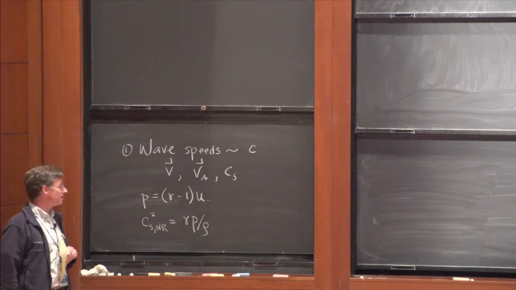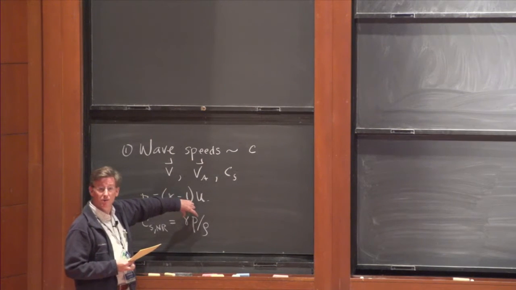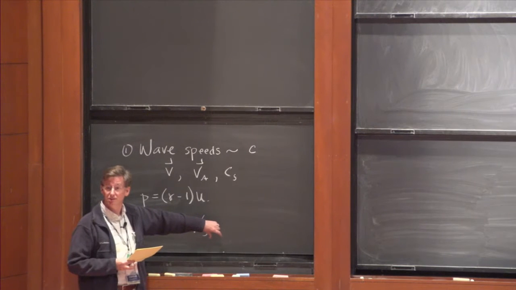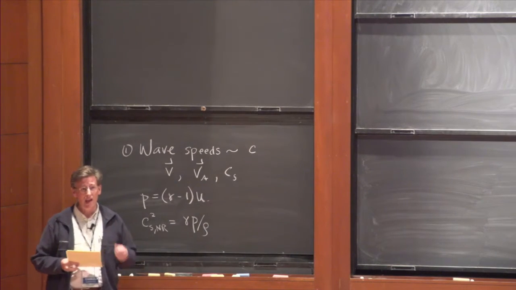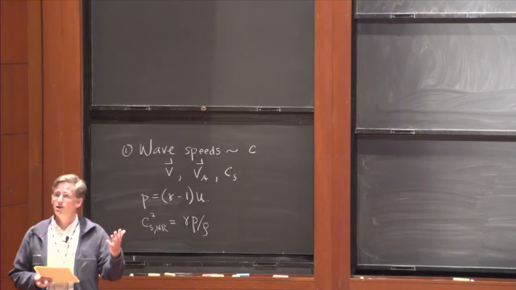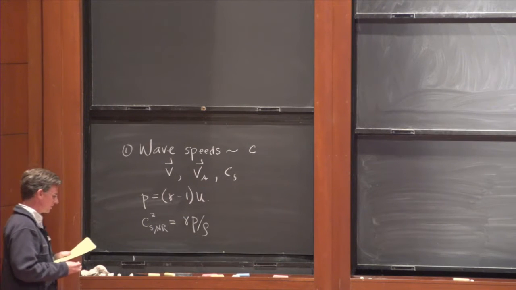This is the adiabatic sound speed, the ratio of the restoring force per unit volume to the inertia per unit volume. And you can see that in the limit where either the pressure becomes very large or the density becomes very small, this can become large.